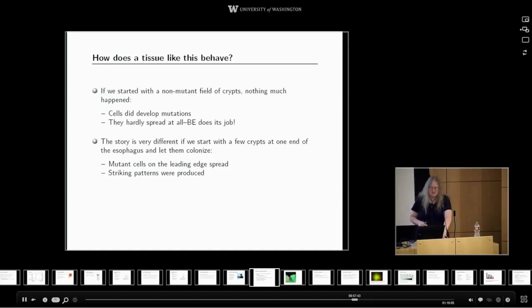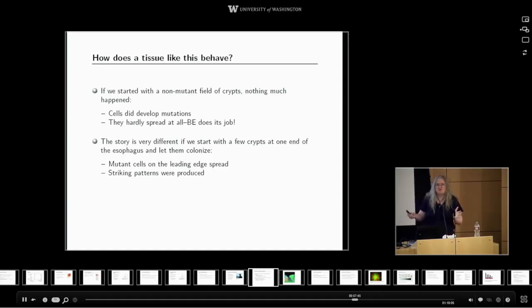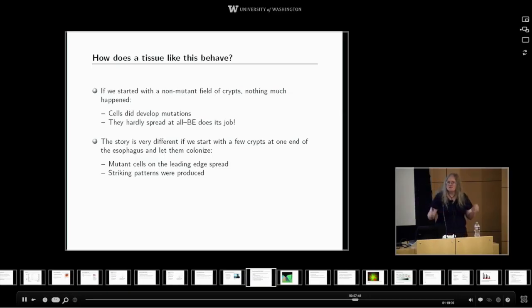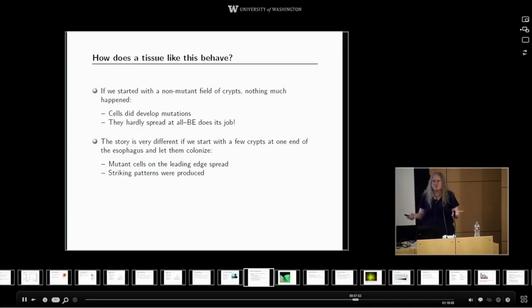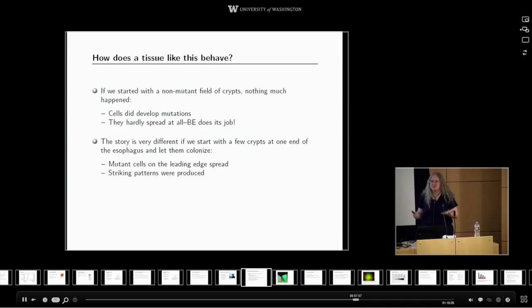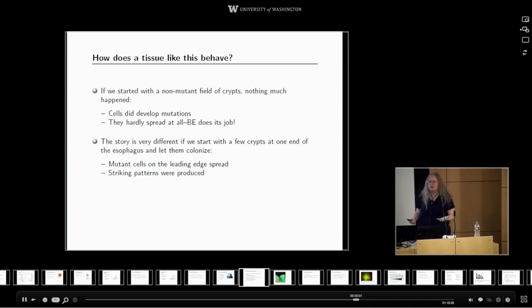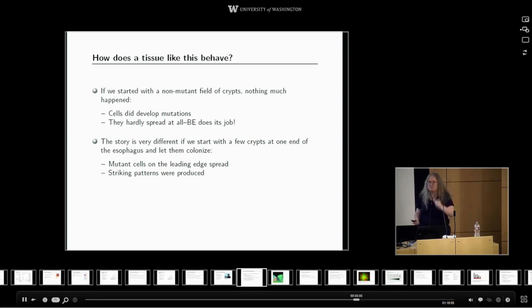We start out with an esophagus full of normal cells, divided into crypts, and then subject them to some rate of mutation and watch what happens over 20, 30, 40 simulated years. Nothing happens. Cells develop mutations, but the crypt structure does its job, and those mutations really don't spread very well at all. You get tiny, tiny patches of mutant cells.